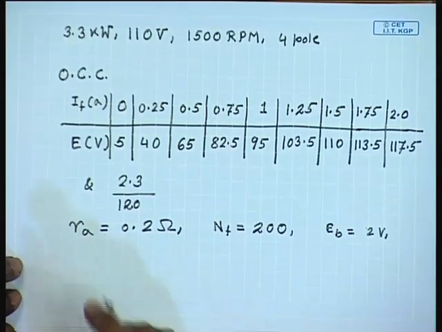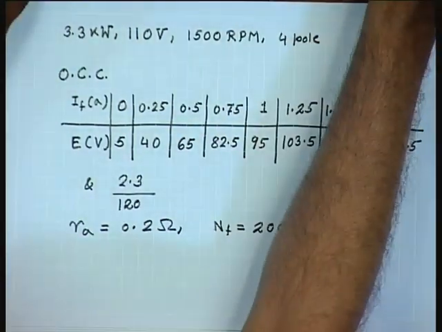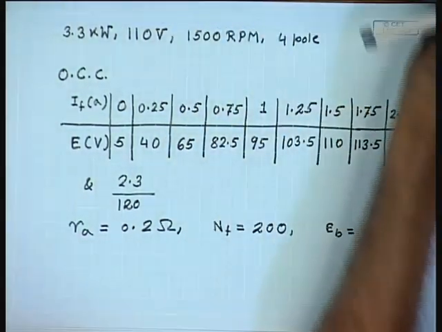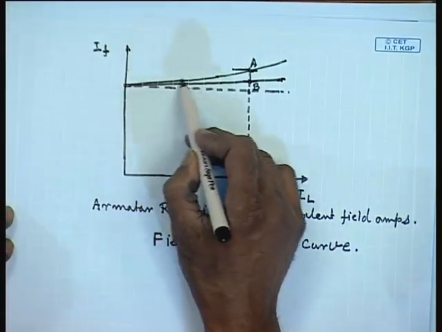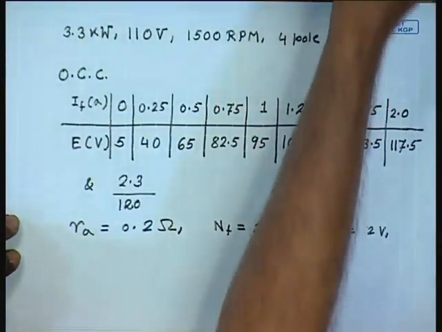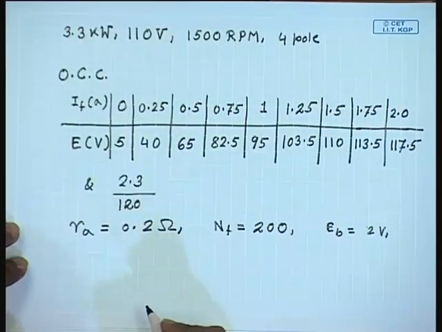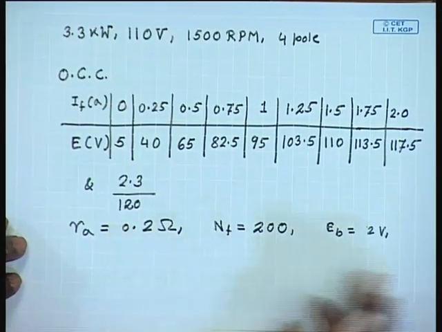You can assume that the armature demagnetizing ampere turns is proportional to the armature current, that is this line is a straight line, and the effective demagnetizing ampere turns is equal to 1.5 times the armature current.